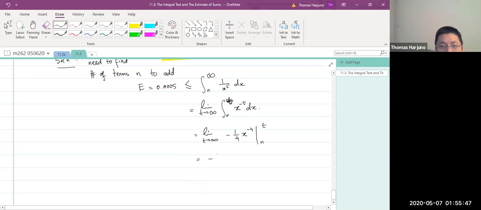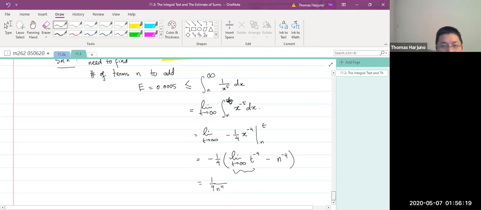This is negative 1/4 of the limit as t goes to infinity of t to the negative 4 minus n to the negative 4. But t to the negative 4 goes to 0, so I get 1/4 over n to the 4.